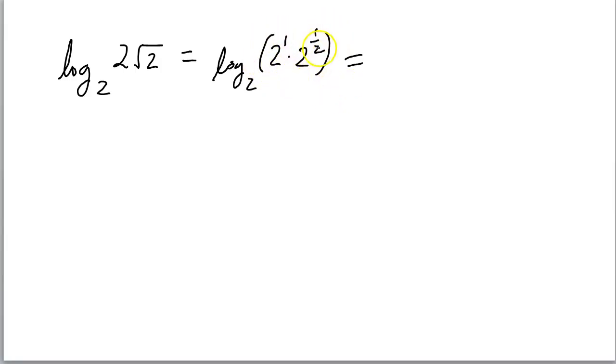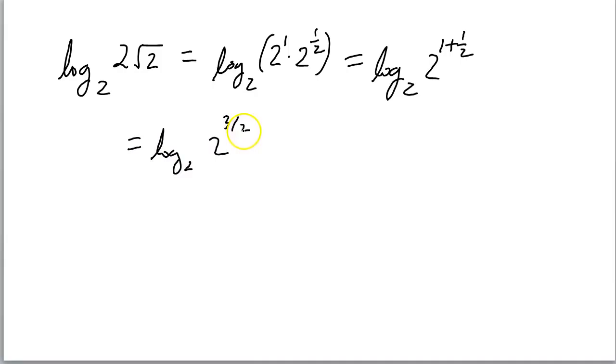And you know that when you have two exponential expressions with the same base, then the exponents add up, right? So it's log base 2 of 2 to the 1 plus 1/2, which is log base 2 of 2 to the 3 over 2, and these two cancel, and therefore you get 3 over 2. That's what log base 2 of 2 radical 2 is.